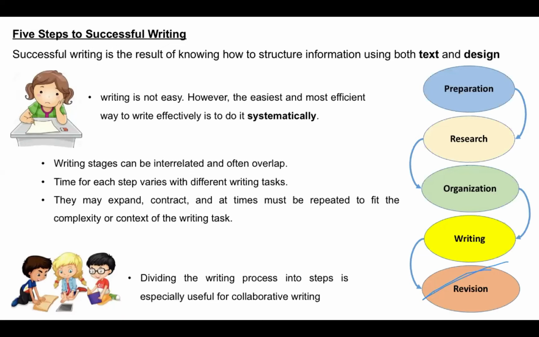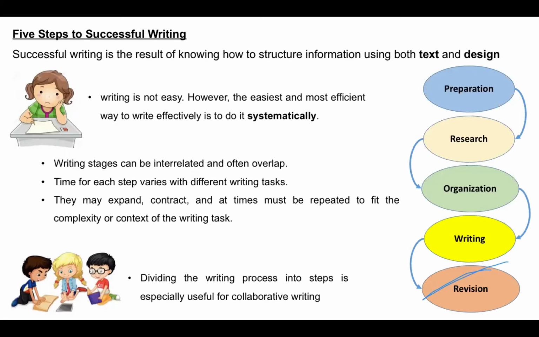I don't believe you need to be extremely smart to be a good writer, but you need to be organized. You need to understand how to follow the systematic approach. So here is the systematic way.